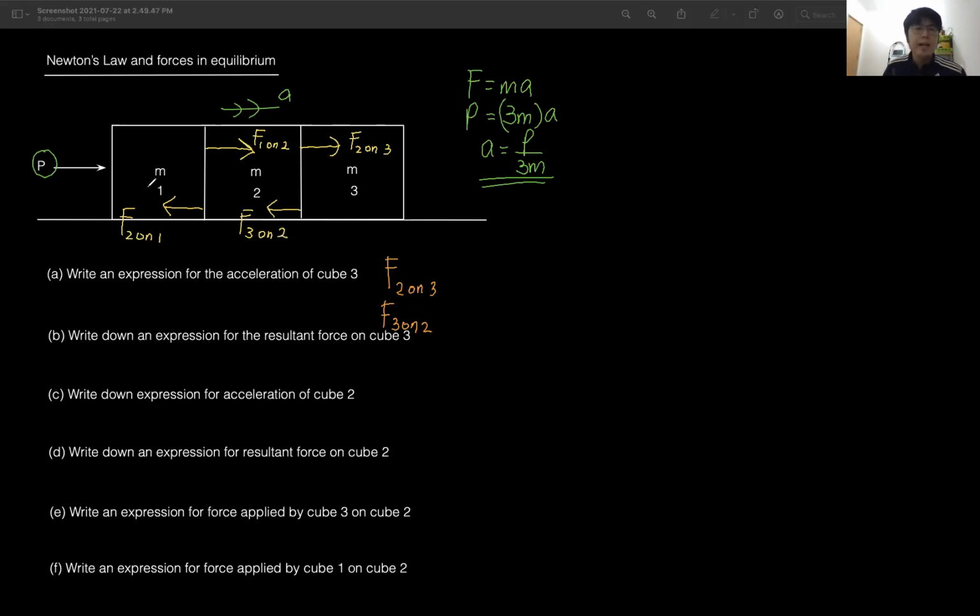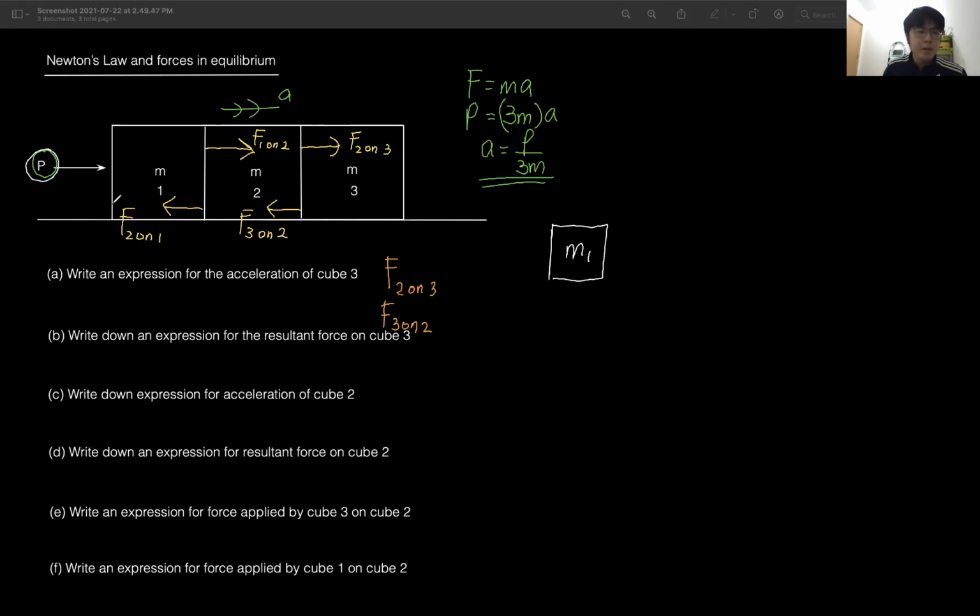Okay, analyze the free body diagram. Now, I make m1 free from the system. That's why we call it a free body diagram. I make it alone, free from the system, and I only look at the forces acting on body number 1. F1 on 2 and F2 on 3 are not relevant. So which forces do I take?